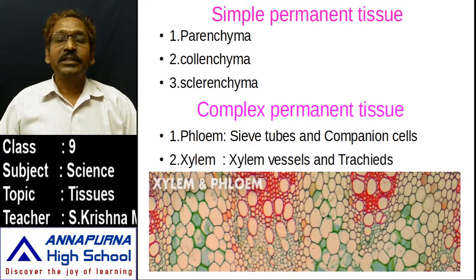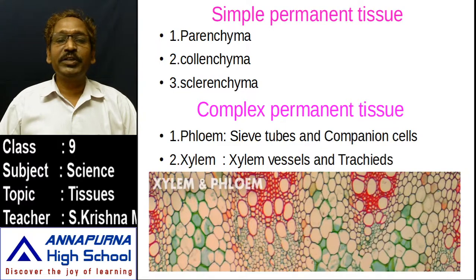In earlier classes, we have learnt about simple permanent tissue and complex permanent tissue under the title of tissues. The simple permanent tissue is divided into three groups. What are the three parts of the simple permanent tissue?